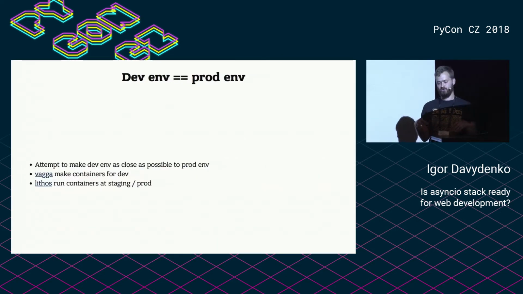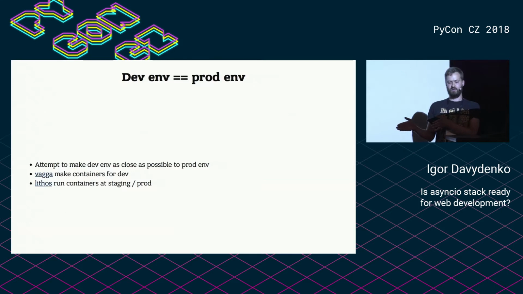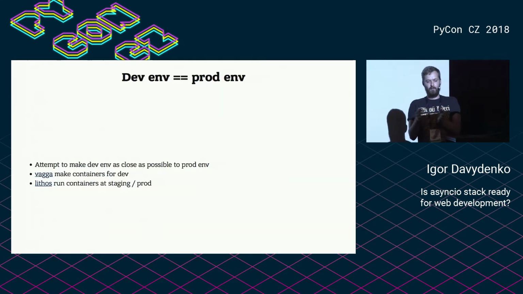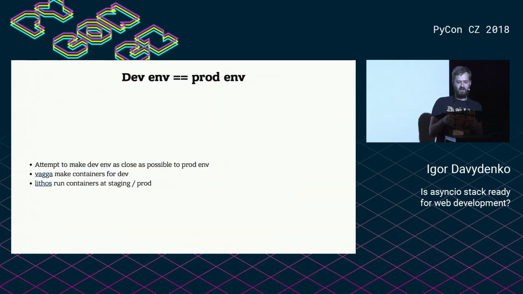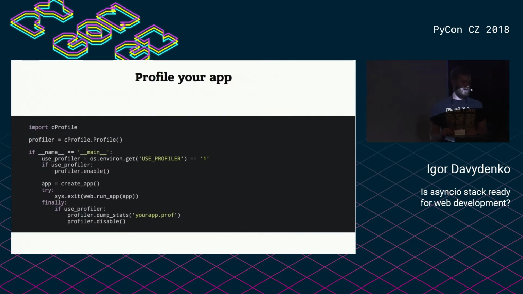And your dev environment, in the aiohttp way, needs to be as close to production as possible. That's true for most environments, but with aiohttp you really want the ability to run your production code on your machine. And don't forget about profiling your app, because profiling in aiohttp is pretty easy.